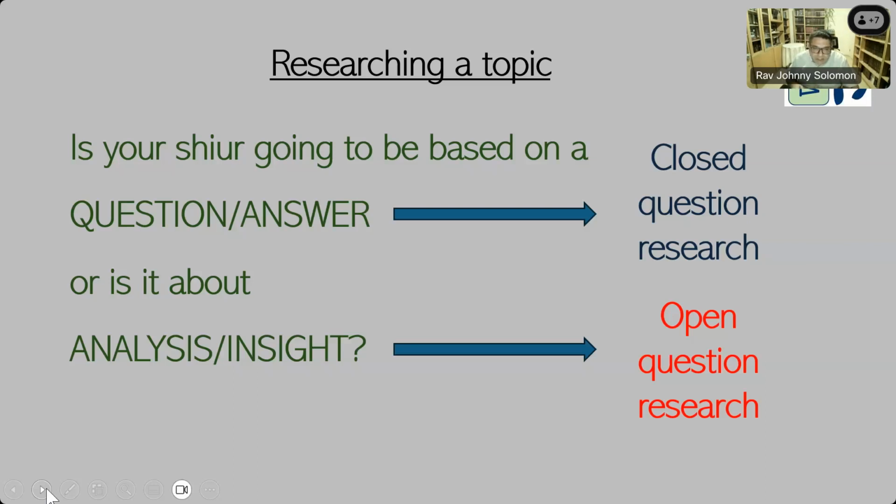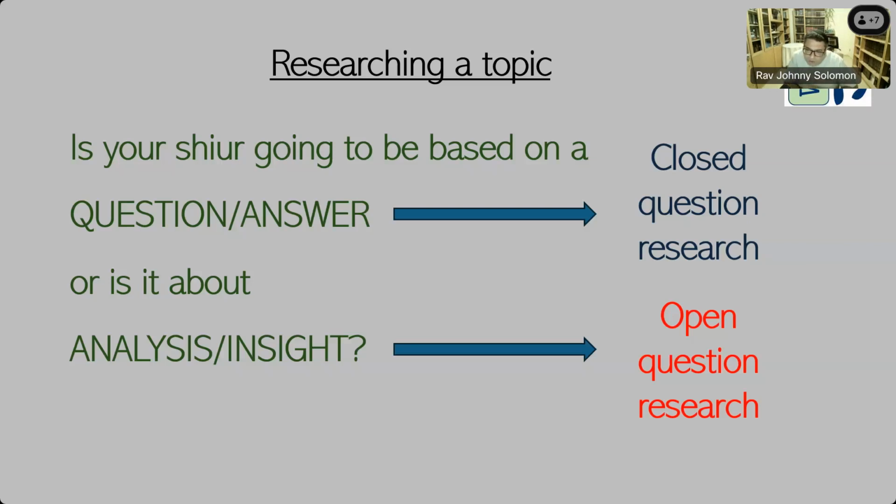I think it's worthwhile contrasting these two models of shiur and exploring what they mean in terms of your research. What I've written here is that a question and answer is a closed question research, meaning there's a specific thing you're looking to find out in your research and a specific set of answers which you're intending to deliver.